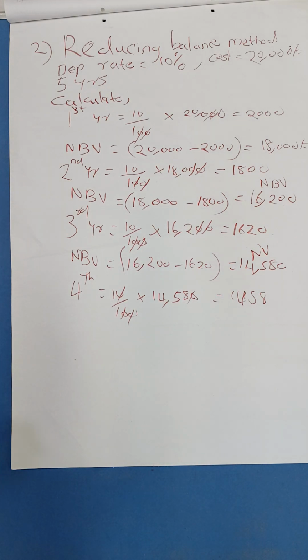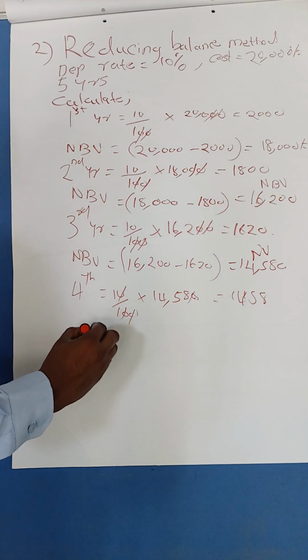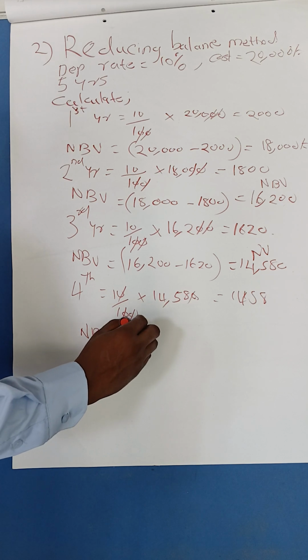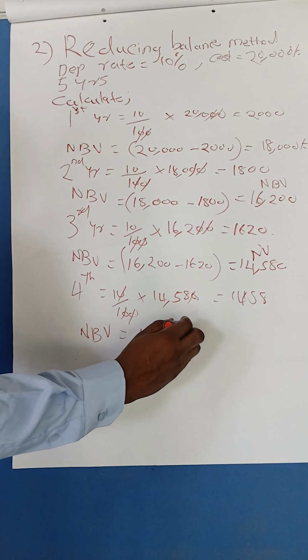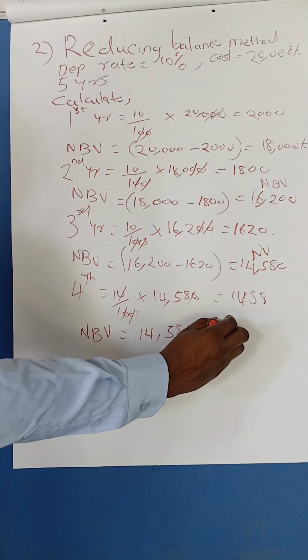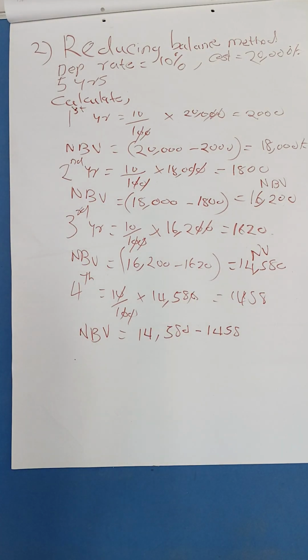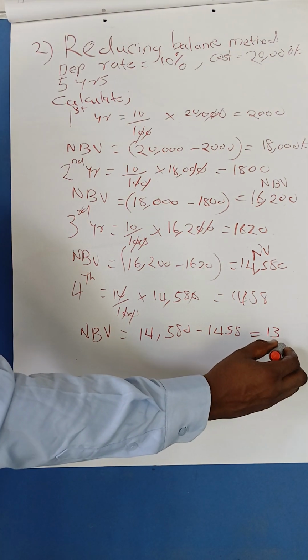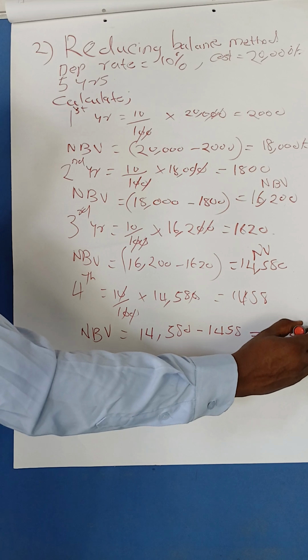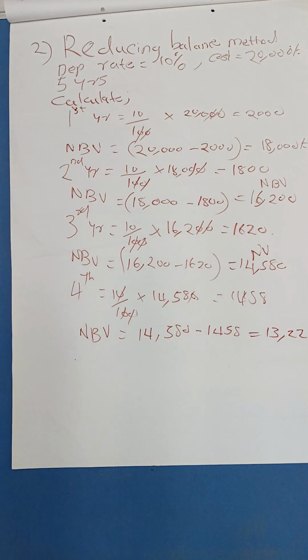So you also get the new book value. The new book value will be 14,580 minus 1,458. I'll have 13,122.